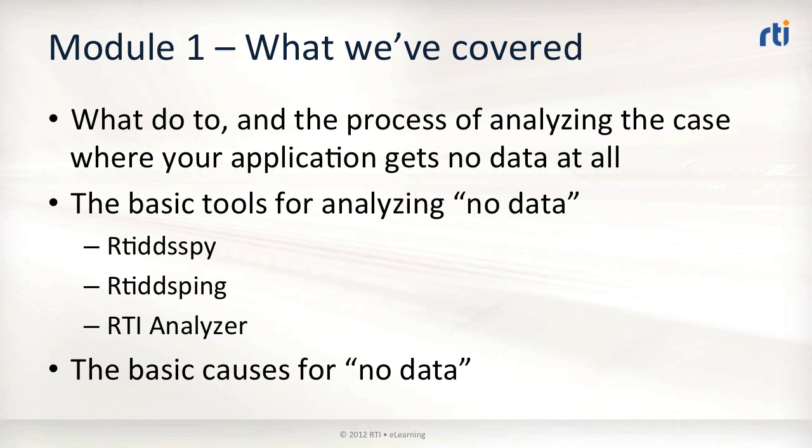So this should give you a good idea of how to start to methodically analyze the scenario when you have no data at all. We also talked about the basic tools for analyzing this, including RTI DDS SPI, RTI DDS ping, and RTI DDS Analyzer.